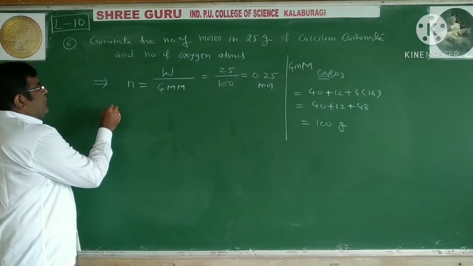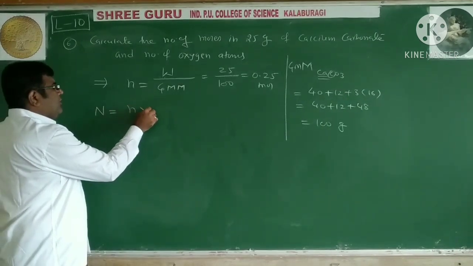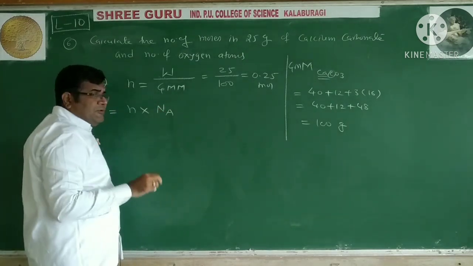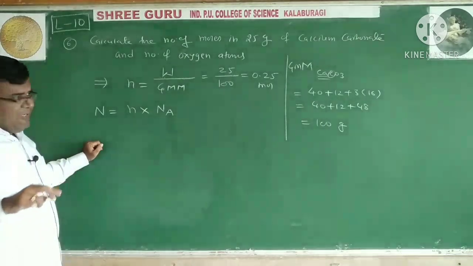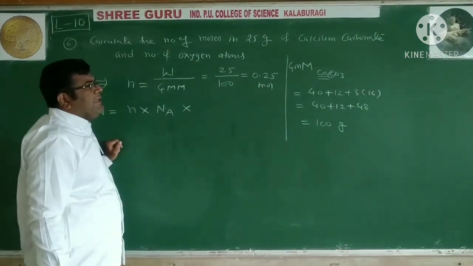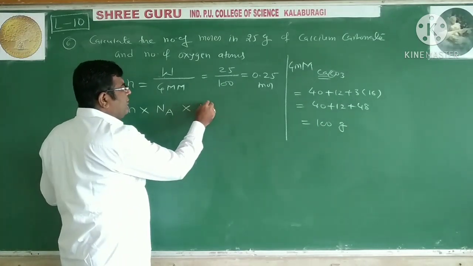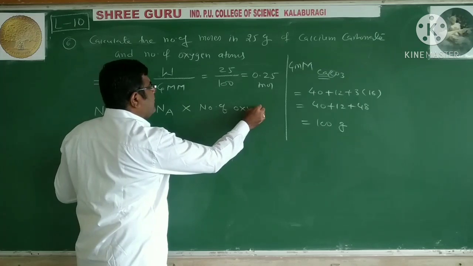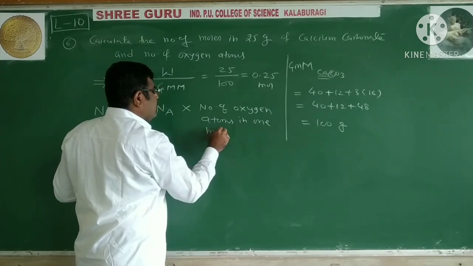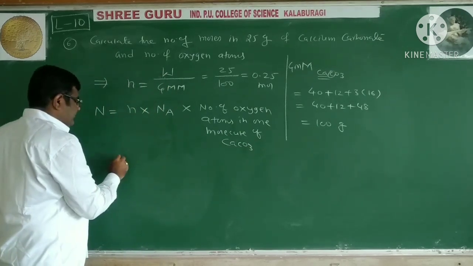We have asked the number of oxygen atoms into that. So N equals to number of oxygen atoms is equal to number of moles which already we have calculated multiplied by Avogadro number. This will give us the number of molecules of calcium carbonate in 0.25 mole. And as one molecule contains 3 oxygen atoms, we have to multiply it by 3, but before we write number of oxygen atoms in one molecule of calcium carbonate.